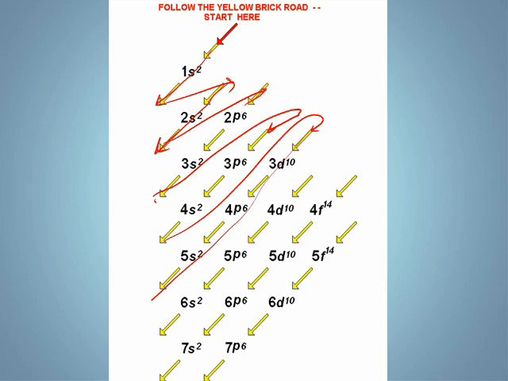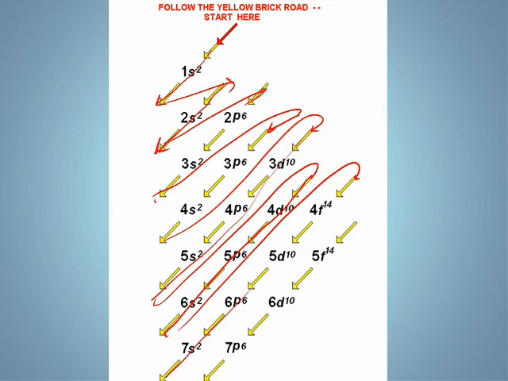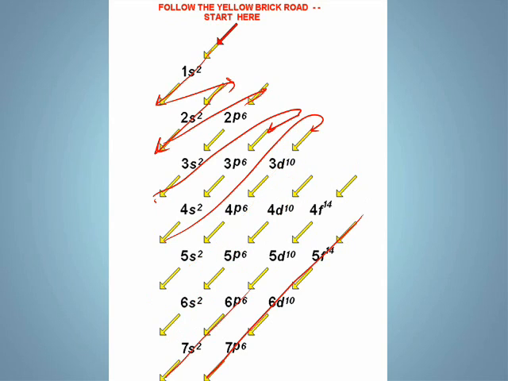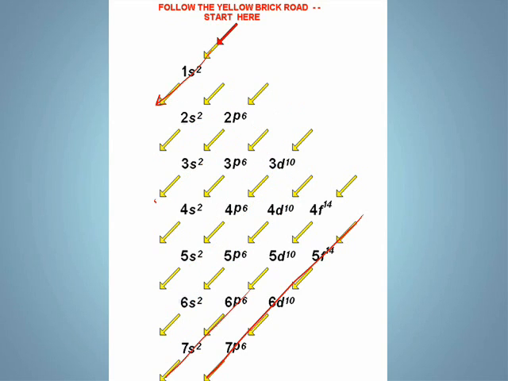You just follow the yellow brick road as it says here to write an electron configuration.